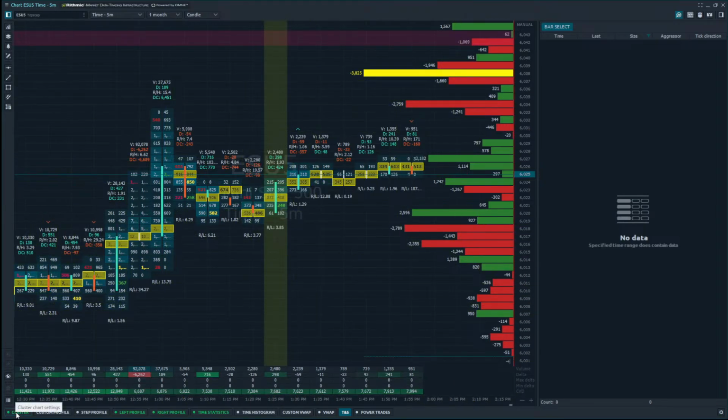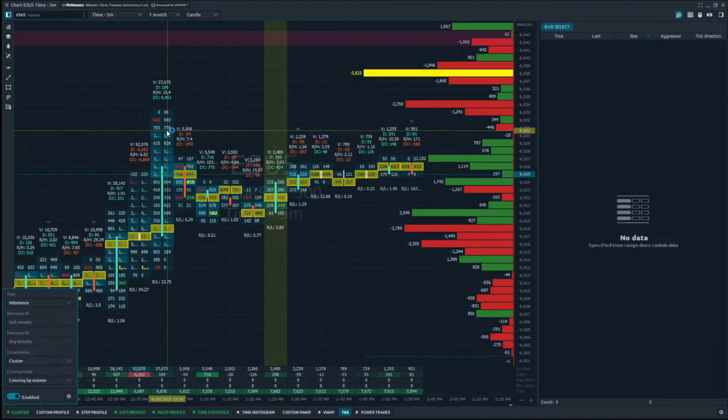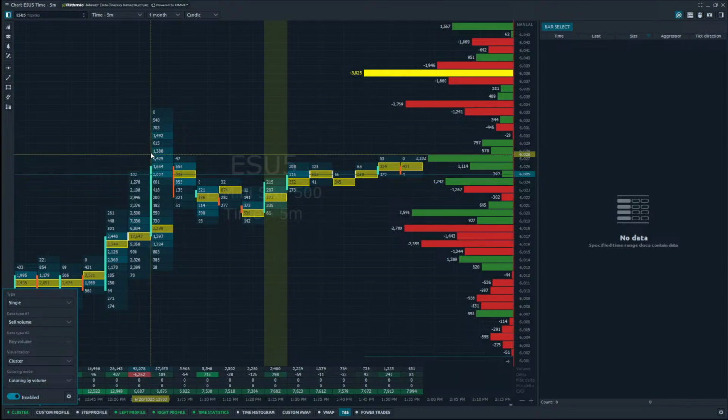And if you're interested in your cluster chart, right now mine's set to imbalance, where we see the bid and the ask. If you go to single, that's where you would see those large volume blocks.